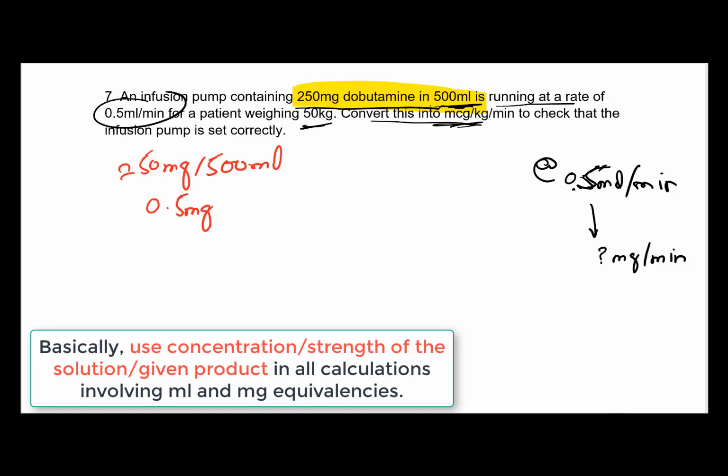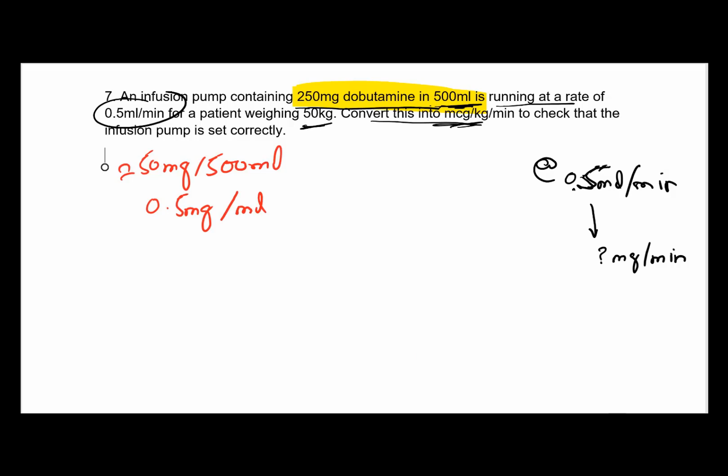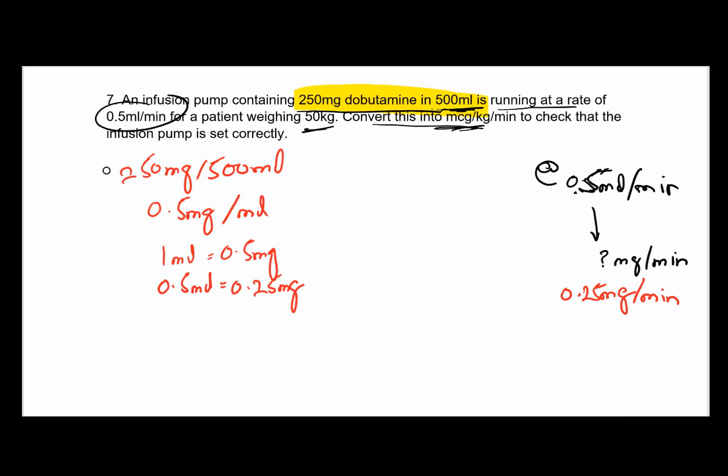So 0.5 milligrams present in 1 milliliter. 1 milliliter has 0.5 milligrams, so 0.5 milliliters will have half of that, 0.25. So by this we can convert 0.5 mils per minute into 0.25 milligrams per minute. Right? So everybody's with me so far.